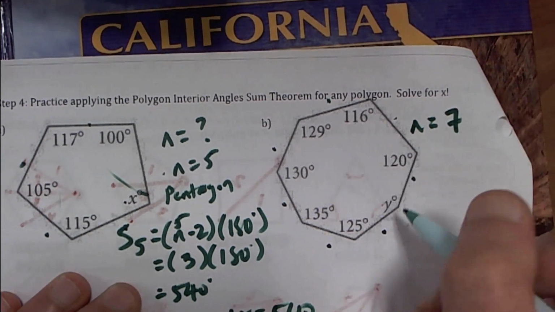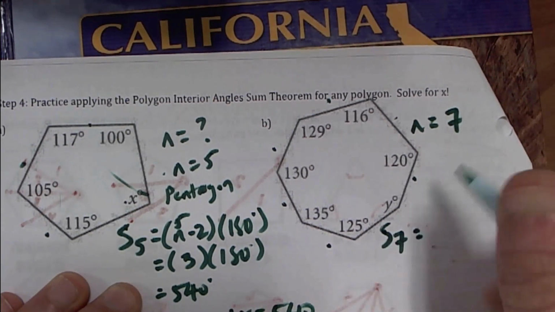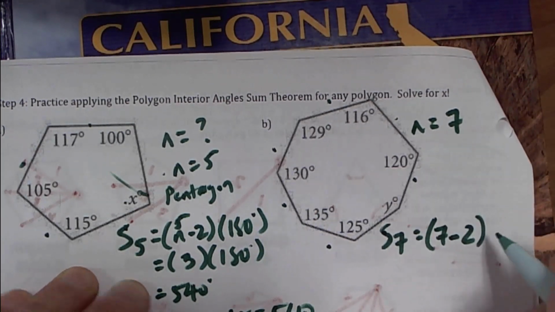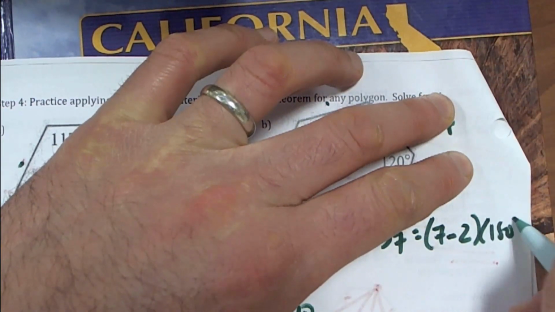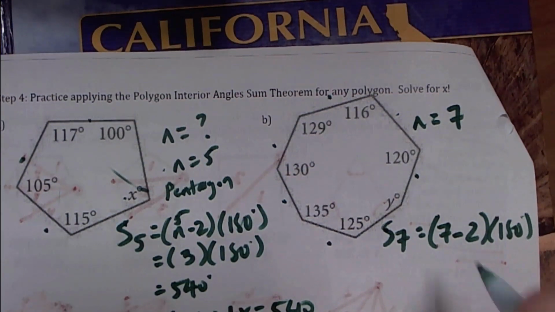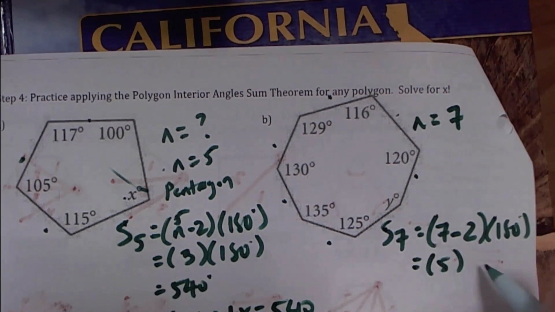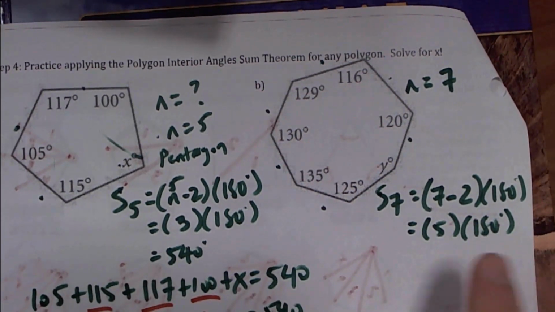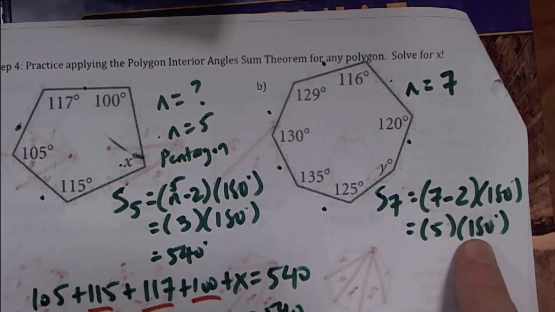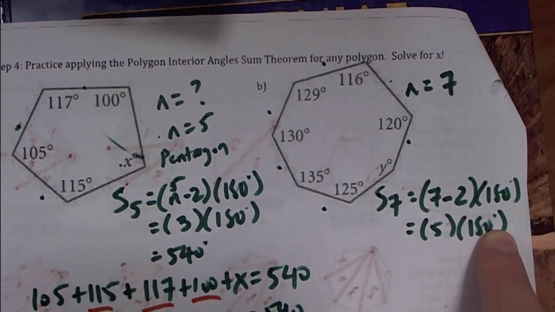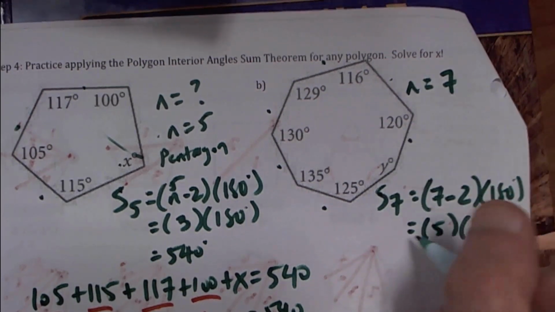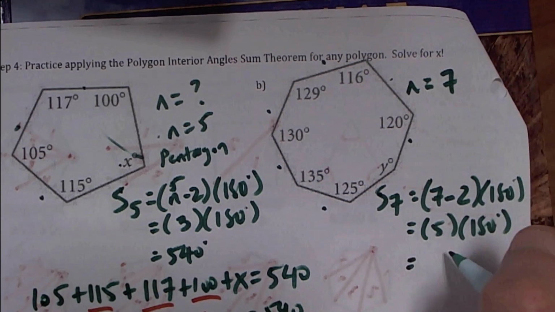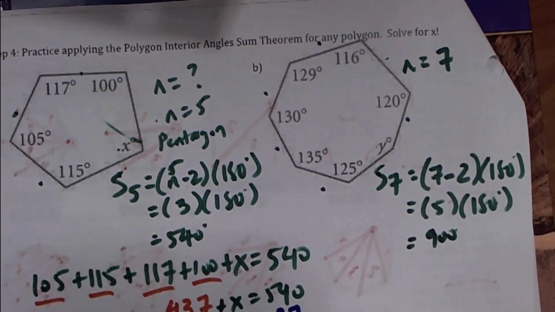So the sum of 7 is going to be the number of sides, 7, minus 2 times 180. So I don't have 7 triangles. I have only 5 triangles times 180. Again, if you have it memorized, you don't have to do this, but otherwise, 5 times 100 is 500. 5 times 80 is 400. So 500 plus 400 is 900. So the sum is going to be 900.